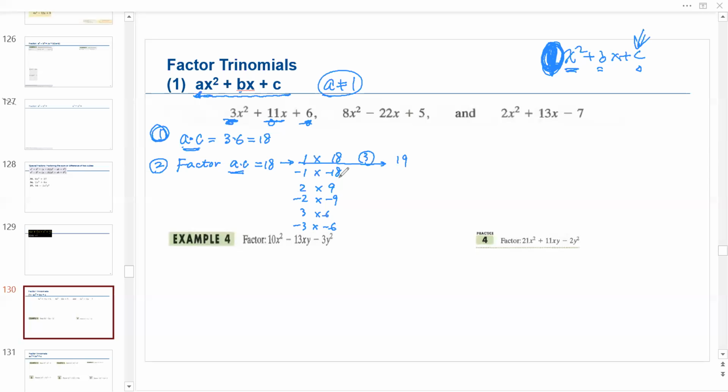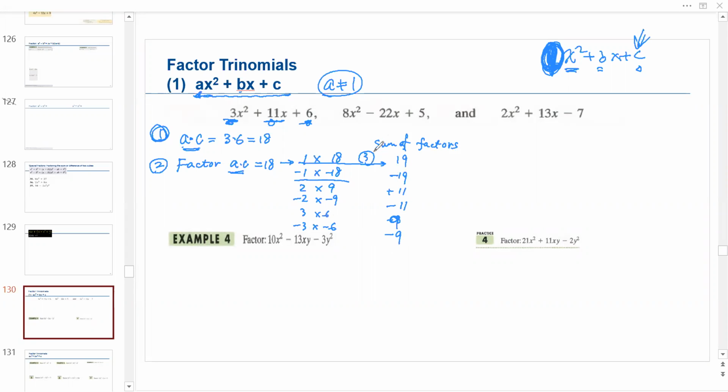This is exactly the same process. Find the sum of them. So here is -19. Here is +11, -11, and 9 and -9. And then find the sum of the factors.